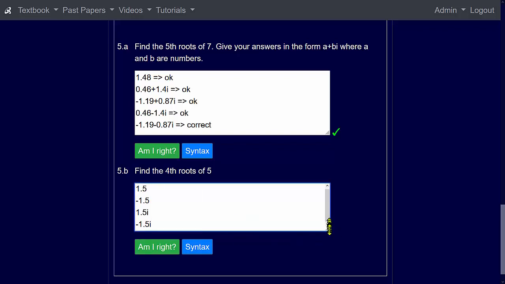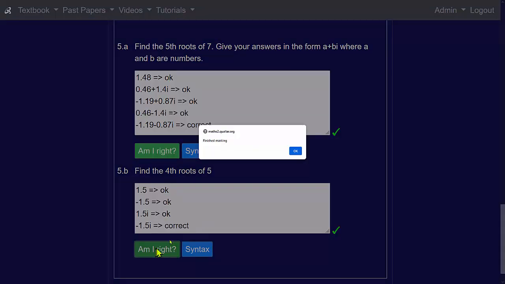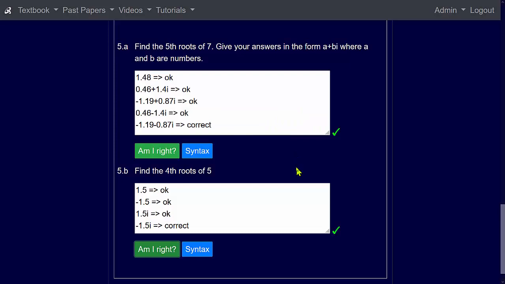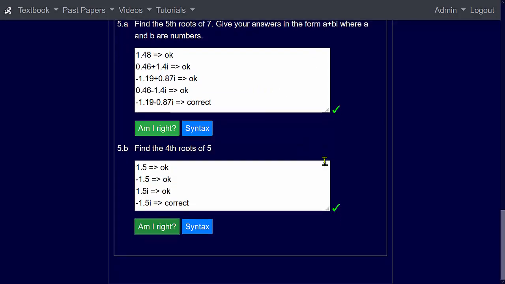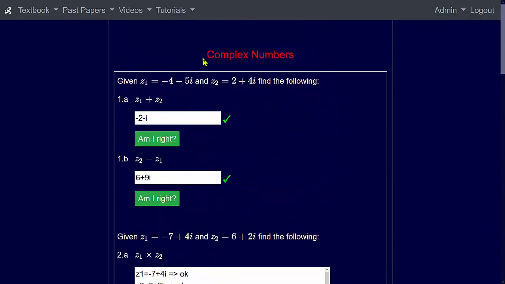Okay, and those are the 4 roots of 5 to 2dp. Am I right? Yes, I am. Okay, I did no calculation there. It was nice and easy. And that is how you solve all the questions on the complex number tutorial.